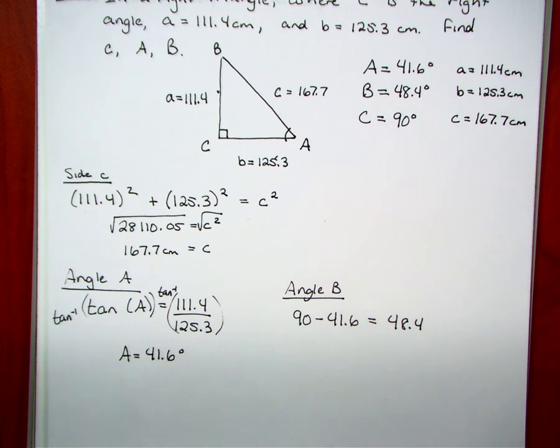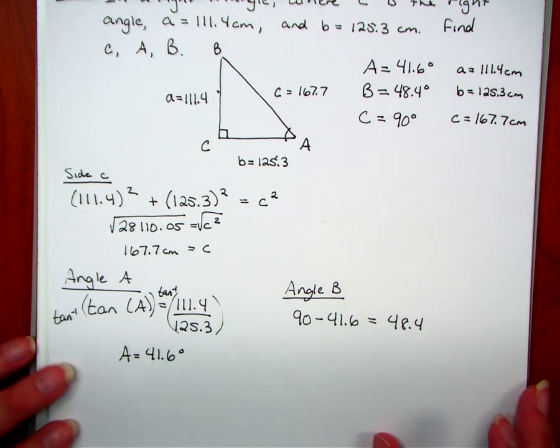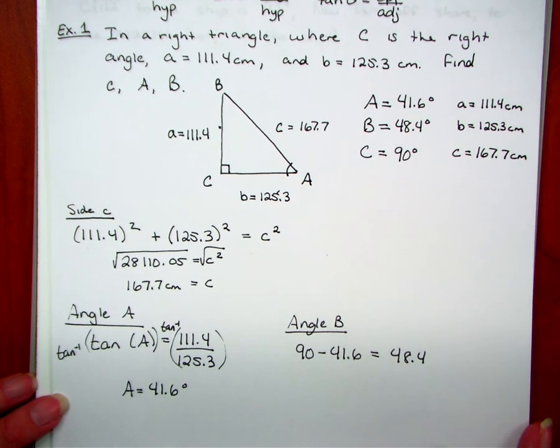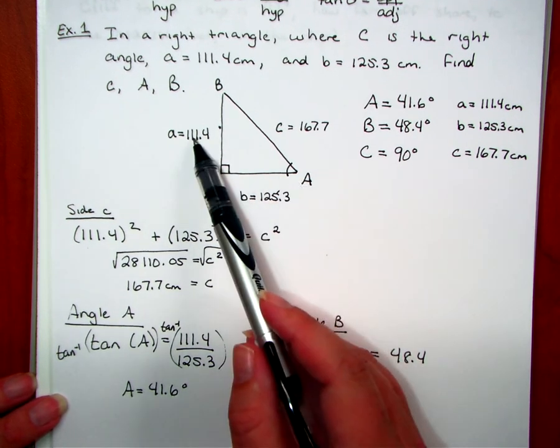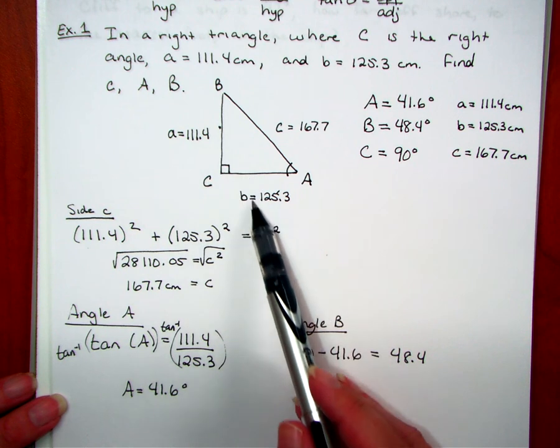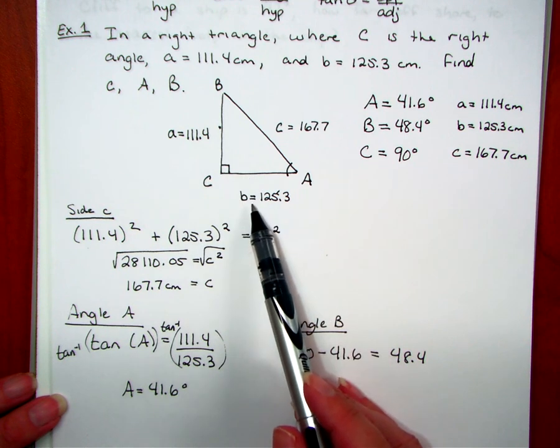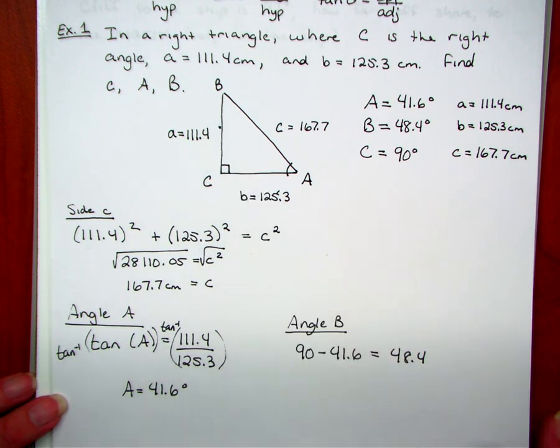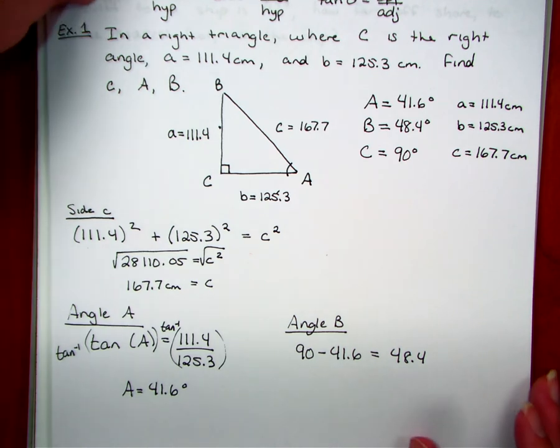Okay, so the B's are in the middle, and we're good. Okay, so solving the right triangle, just find all three angles and all three sides, but make sure you're labeling your triangle with the lowercase letter opposite the capital letter for the angle.